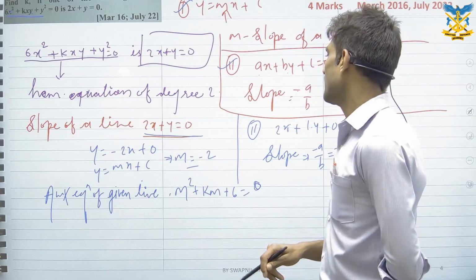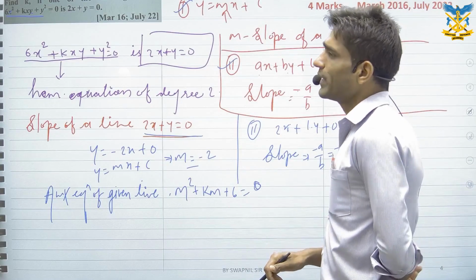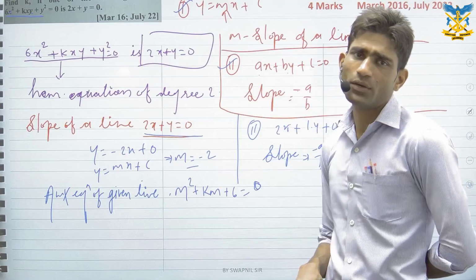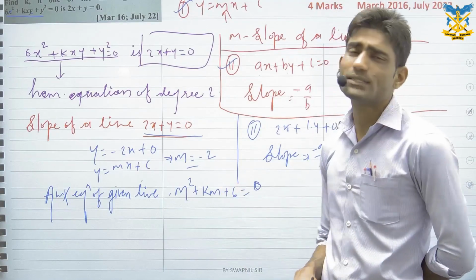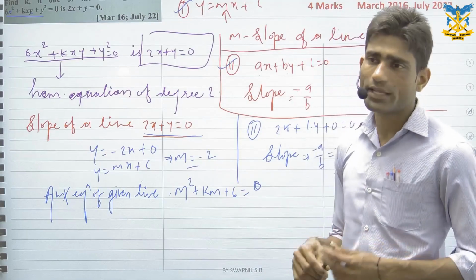Yes, this one is our required auxiliary equation of our line. Whenever we have a homogeneous equation, we consider m square plus km plus 6 equals 0 as the auxiliary equation of our line.